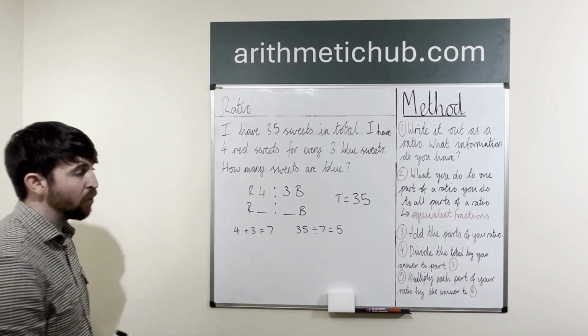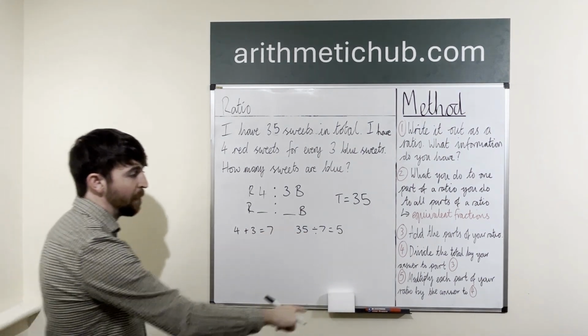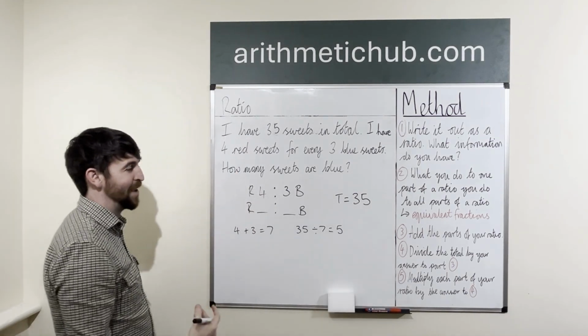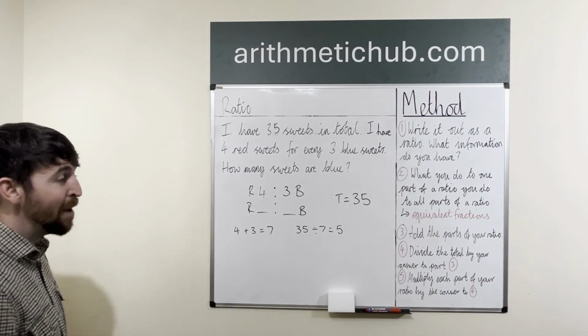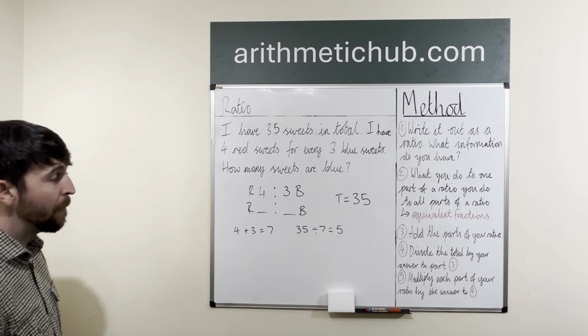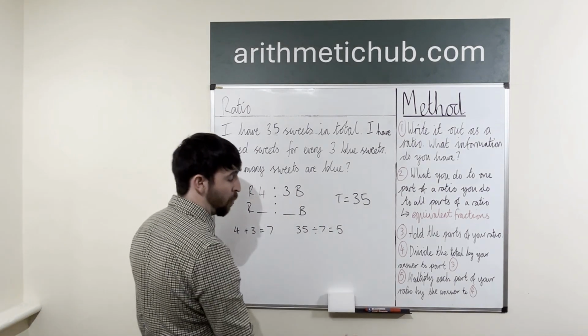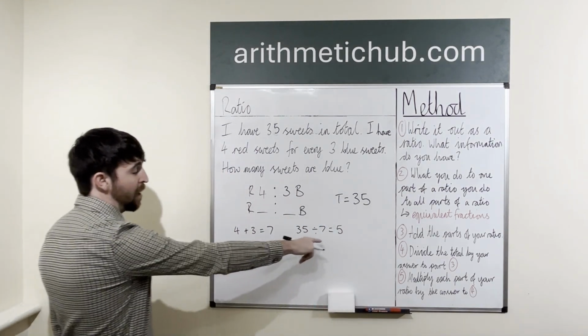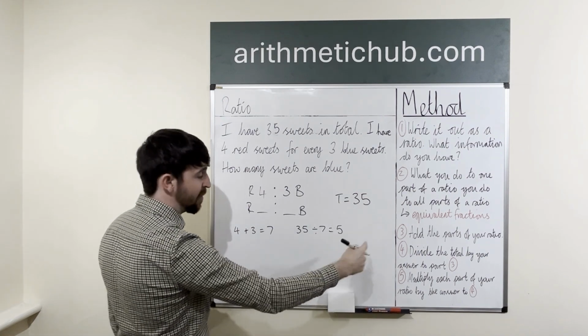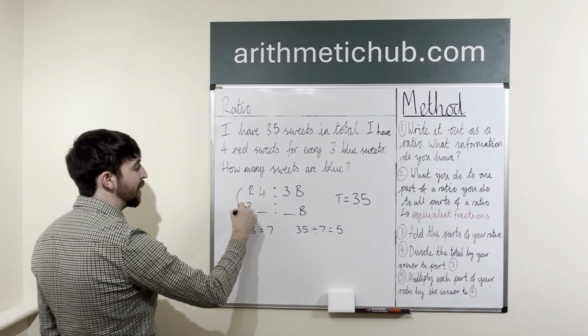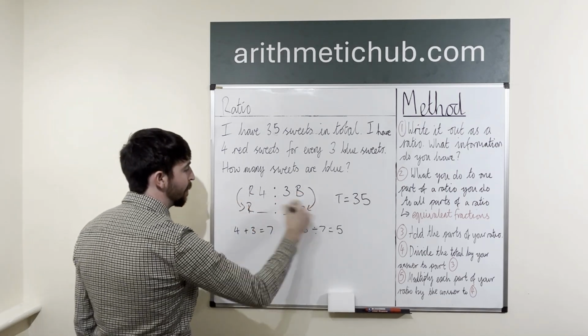Okay, so I've now done part 3 and part 4. Part 5 is where I think a little bit of the magic happens here. So part 5 says multiply each part of your ratio by the answer to 4. Okay, so all I'm going to do is say, right, this number here, my answer to part 4, is going to tell me what I have to multiply each of these sides by.